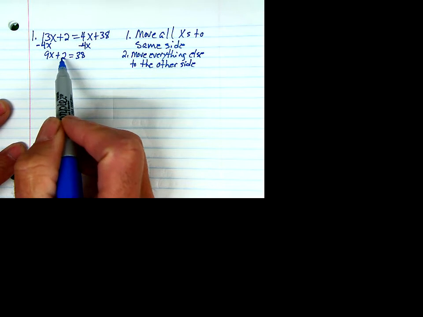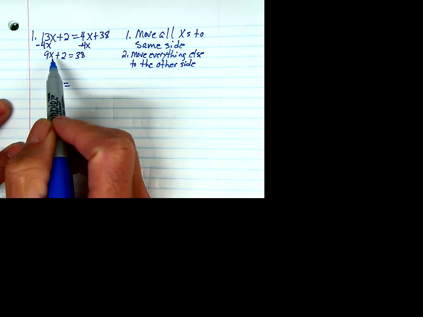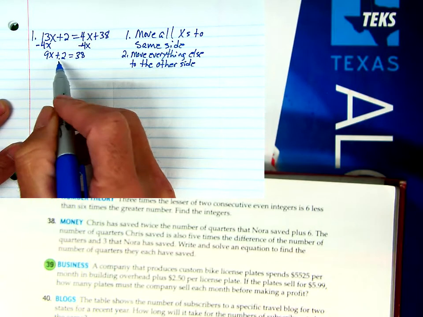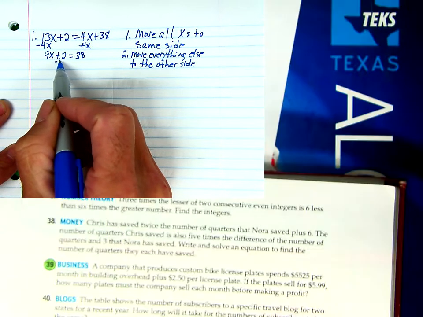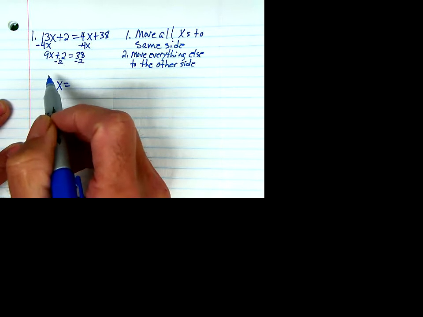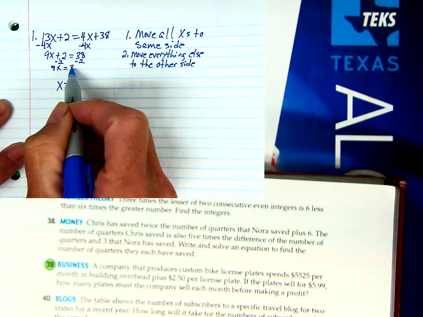I just got through moving all the x's to the left-hand side, so I have x's and I have everything else. That's not a 0.2. It's plus 2, so the opposite is minus 2. Minus 2. 9x equals 36.